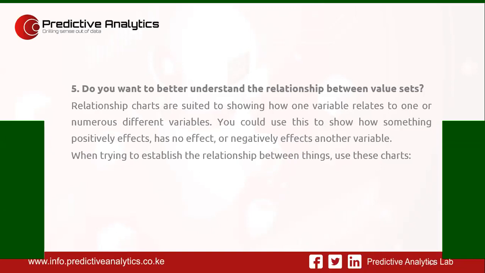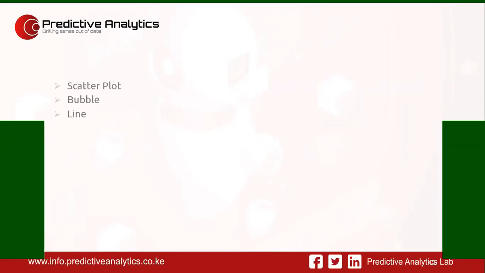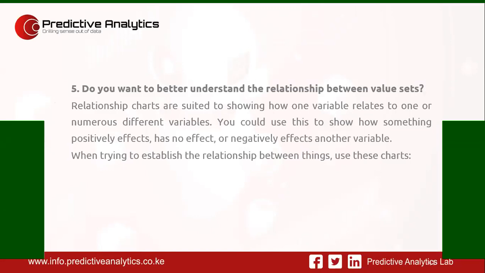When trying to establish the relationship between things, use these charts. You use a scatter plot, a bubble chart, or a line chart. Use those charts when you want to better understand the relationship between value data sets.